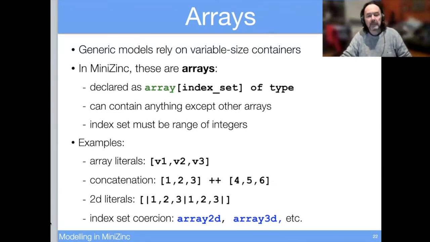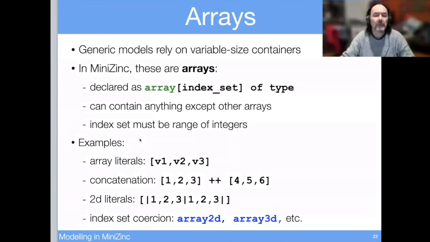And the index set has to be a range of integers. So interestingly, in MiniZinc, you can have an array which is indexed from 5 to 10, for example. It doesn't have to be from 1 to something or 0 to something, which is sort of allowing both possibilities to be used, whichever one you prefer. Although it is true that MiniZinc really naturally thinks of arrays as indexed from 1.